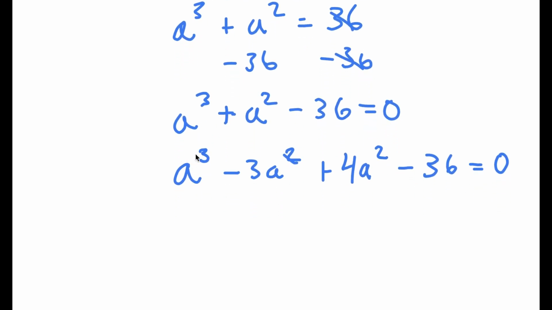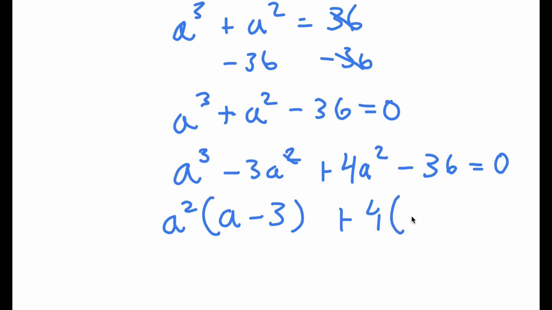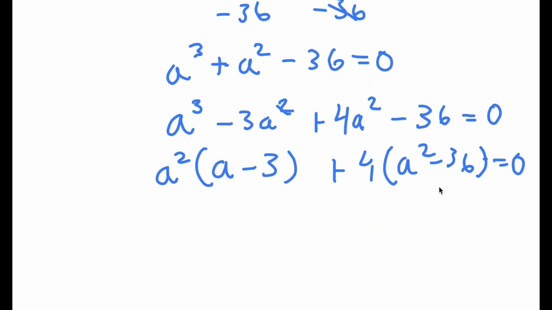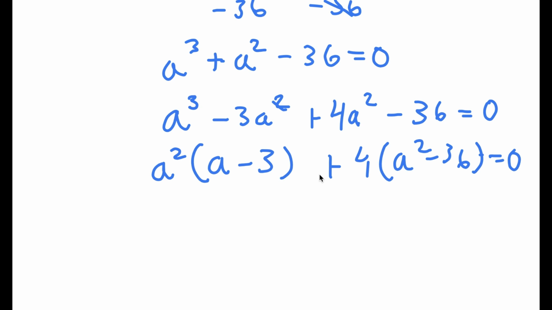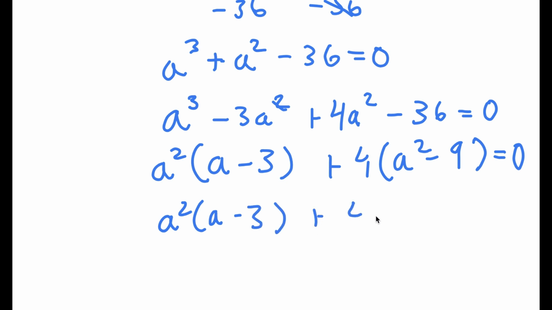Now I can go ahead and factor by grouping. From a to the power of 3 minus 3a squared, I can factor out a squared, so I get a squared times a minus 3, plus from 4a squared minus 36, factor out 4, so I get 4 times a squared minus 9. For a squared minus 9, I get a plus 3 times a minus 3.